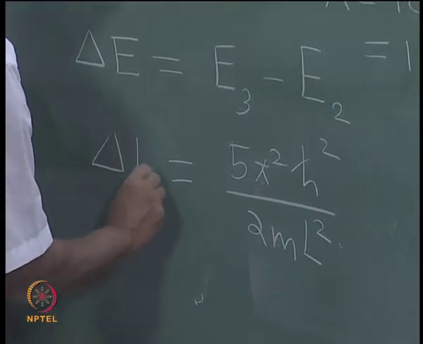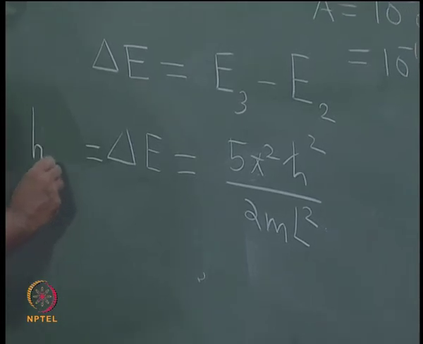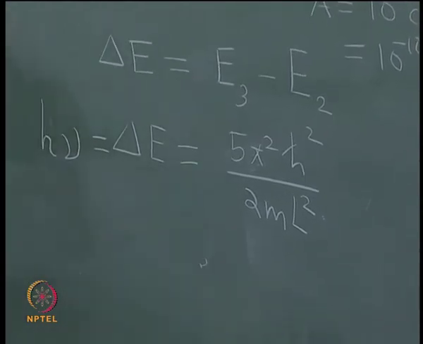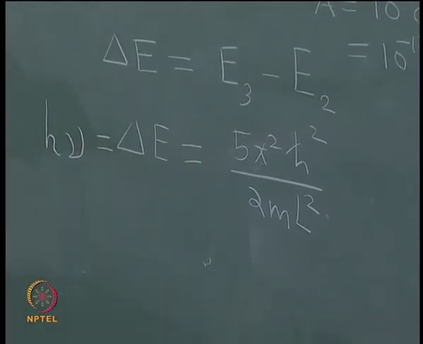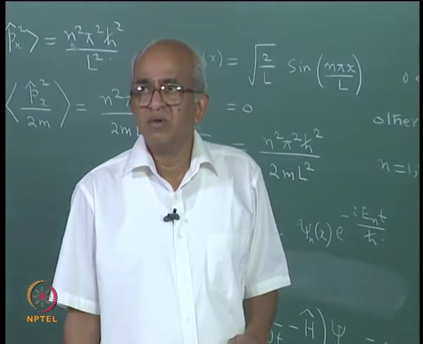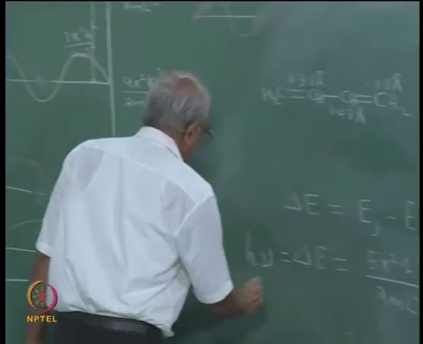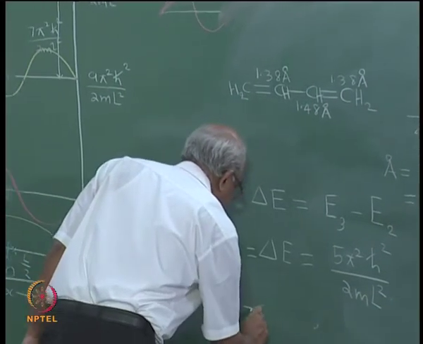And if this is brought about by a photon of frequency nu, then h nu has to be equal to the change in energy, and that must be equal to so much. And so, it is possible for you to calculate nu.